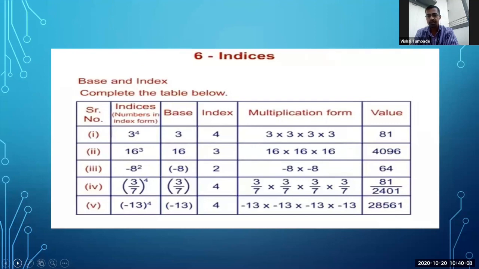Now multiplication form, minus 8 multiplied by minus 8. Now 8 8s are 64, but most important here is the sign, that is the sign of integers. Here the sign is minus. Now what is the rule of the sign? Minus minus, we do addition, because minus minus is plus, plus plus is plus, plus minus is minus, minus plus is minus.